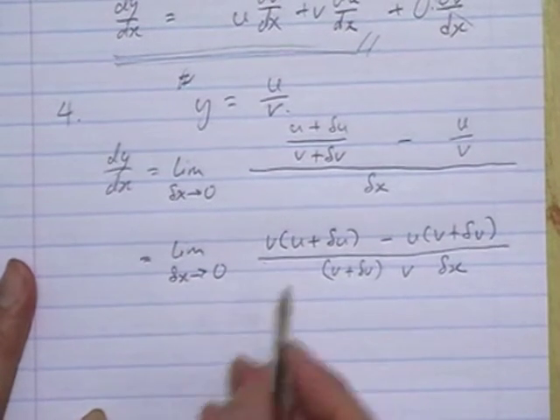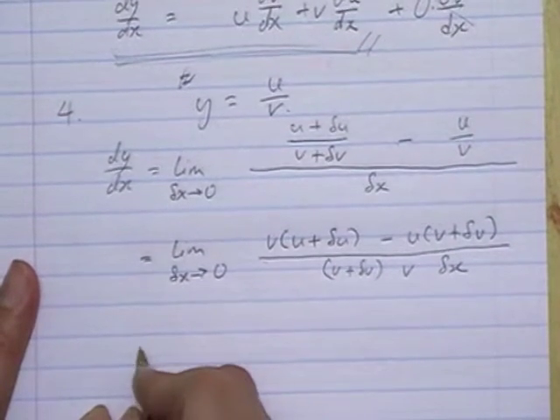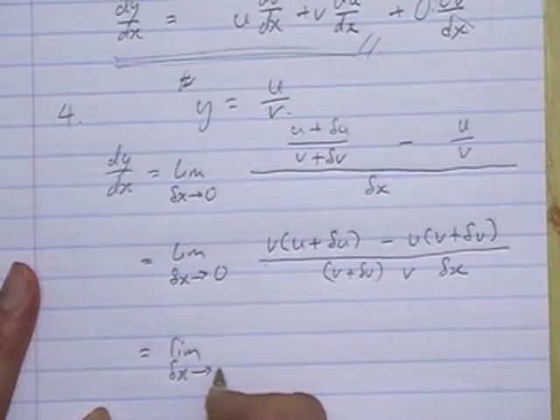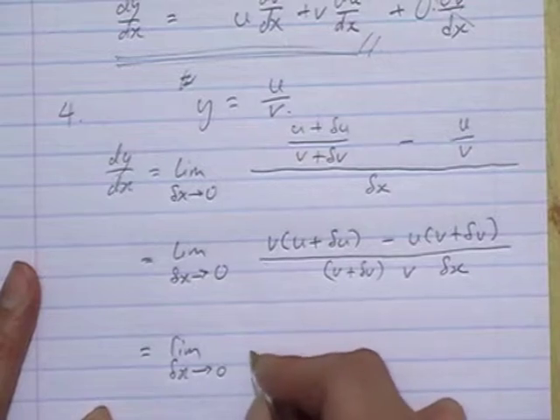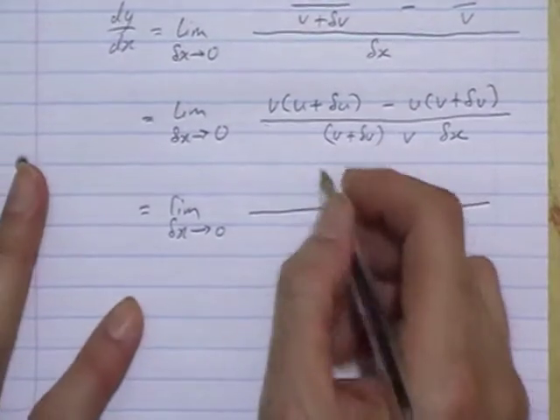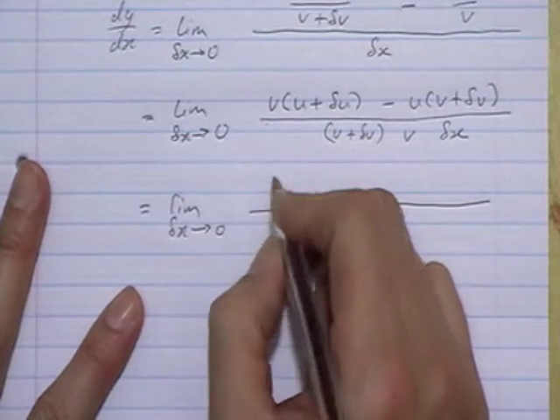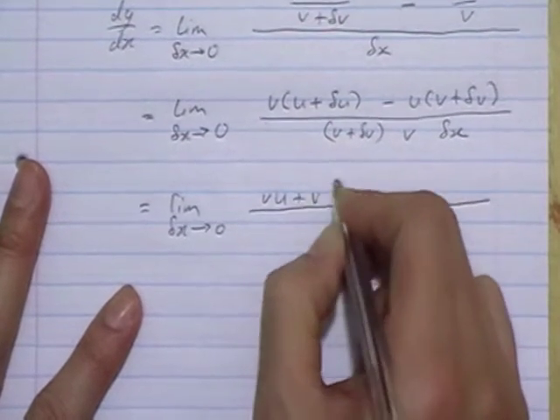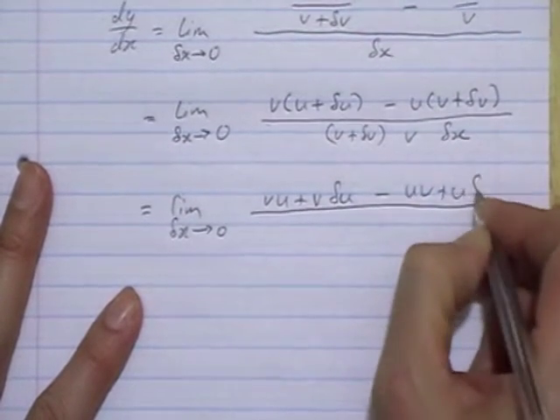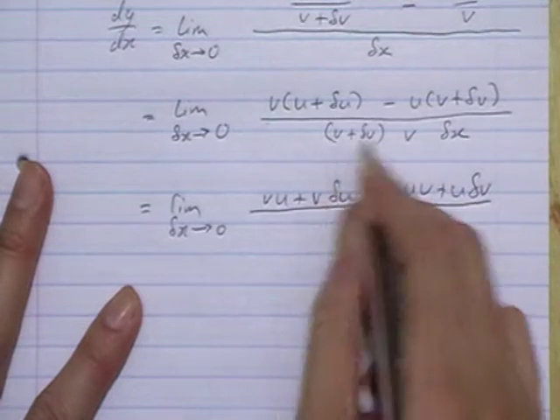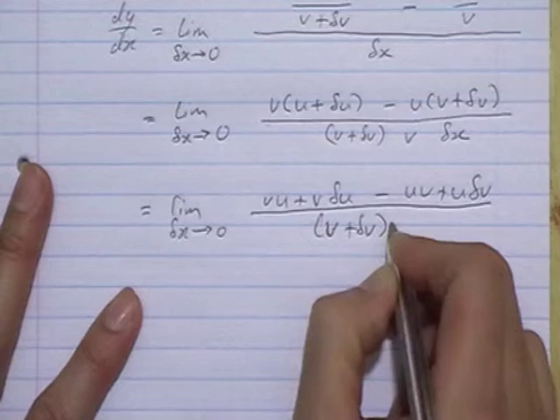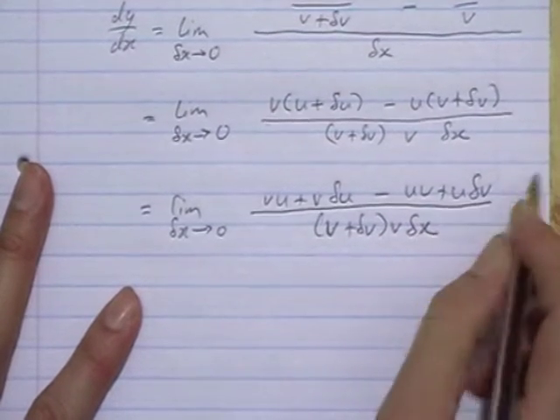Right. I shall expand that. That's vu plus v delta u minus uv minus u delta v over this, v plus delta v, v delta x.